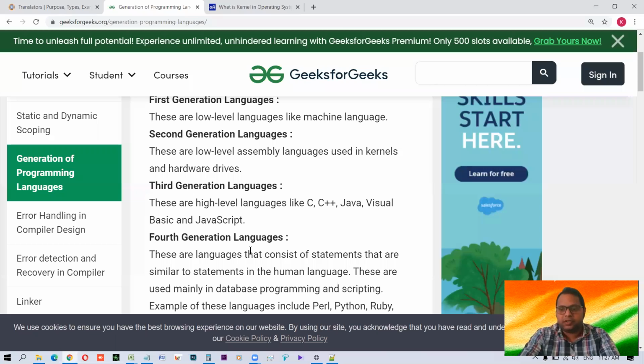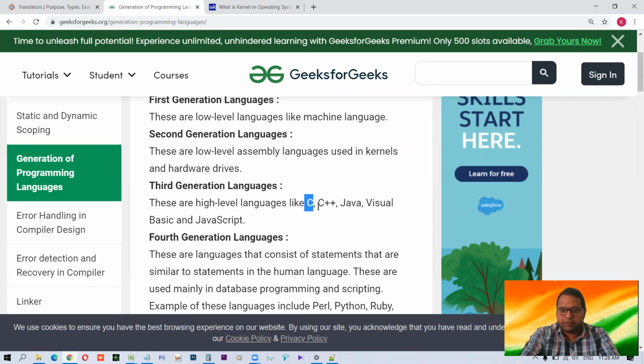Third generation language evolved this way. Examples are C, C++, Java, Visual Basic, COBOL, Fortran, and a lot of other languages which come in this category.